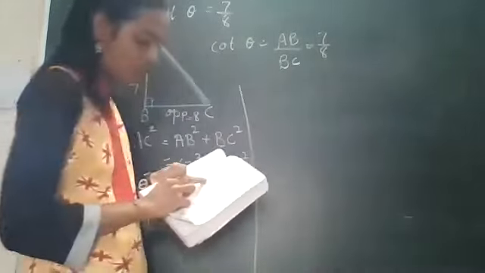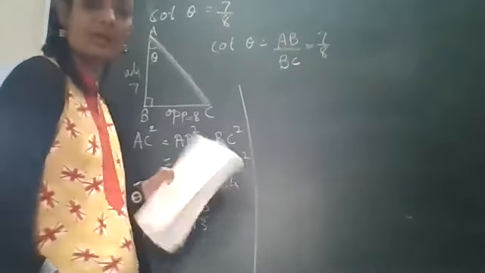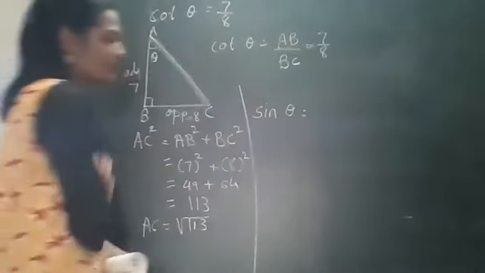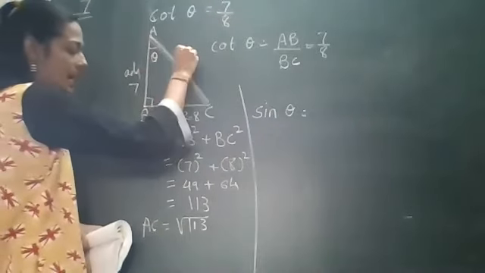Okay, now we are going to find the value of sin theta and cos theta. Why? Because in the first sum we require the value of sin theta as well as cos theta. So first we find sin theta. Sin theta is equal to what? This is theta. Opposite upon hypotenuse.